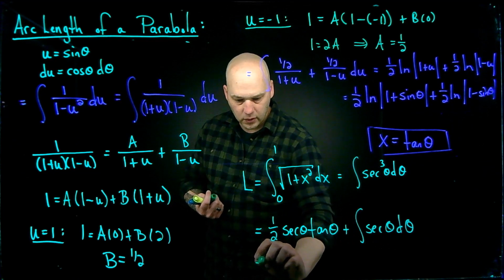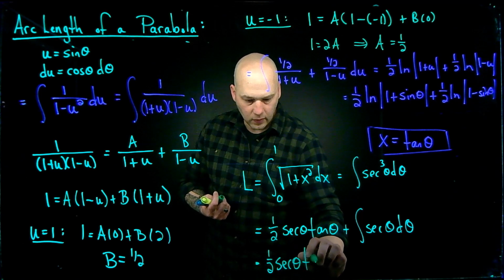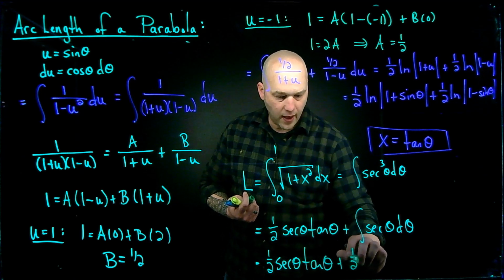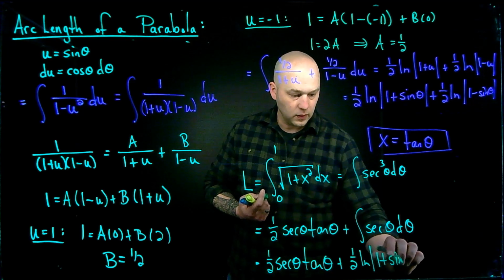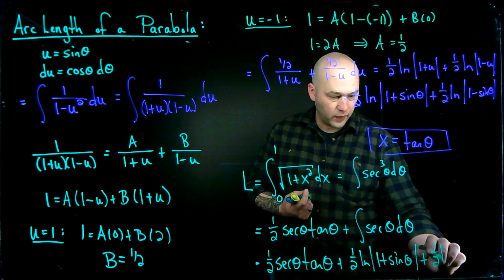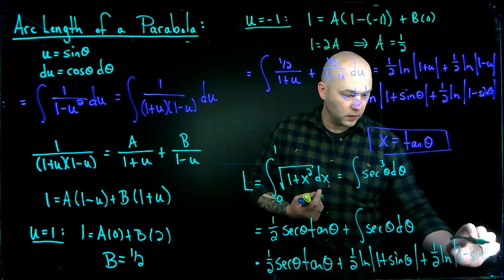So therefore this is equal to 1/2 secant of theta tangent of theta plus 1/2 natural log of the absolute value of 1 plus sine theta plus 1/2 natural log of the absolute value of 1 minus sine theta.